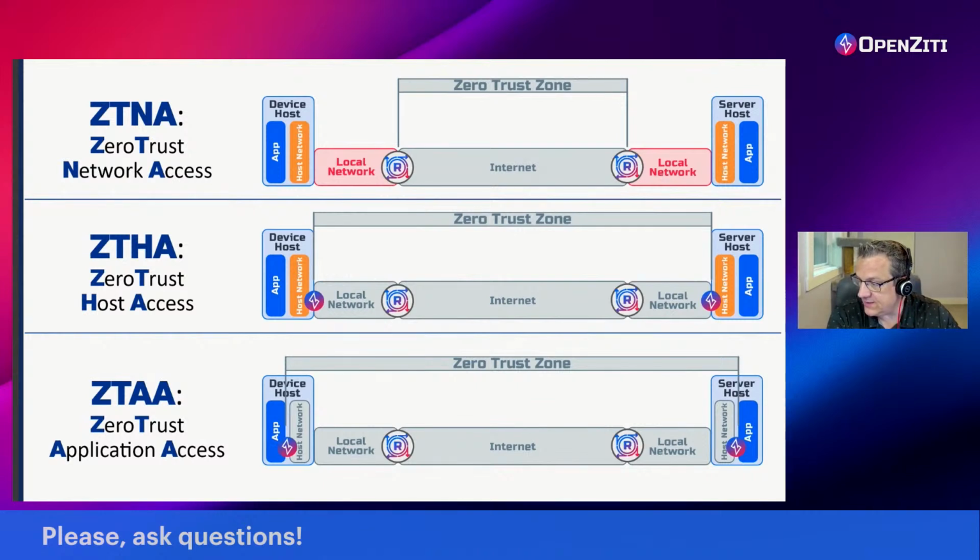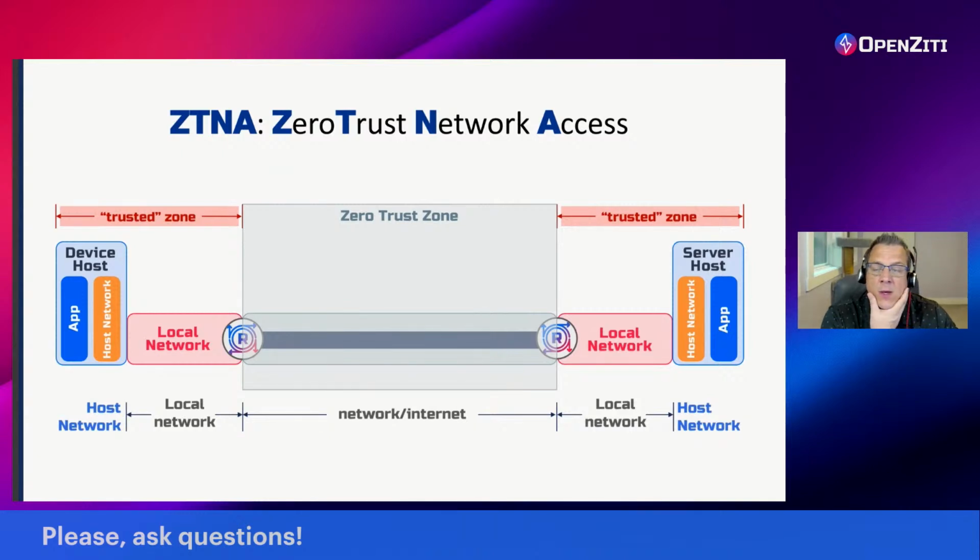Let's go through the build. Maybe you've seen these presentations before. Here's your trusted zone. If you are using router to router based communication, you're trusting everything that sits on the other side of that router, and that could be something very tiny. It could be just the host, but it also could be an entire network back there.